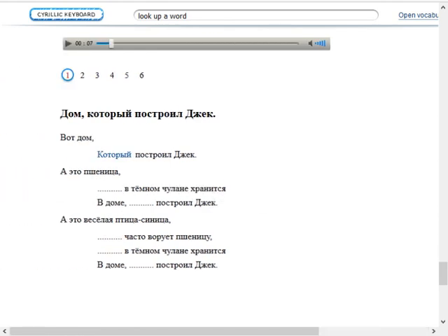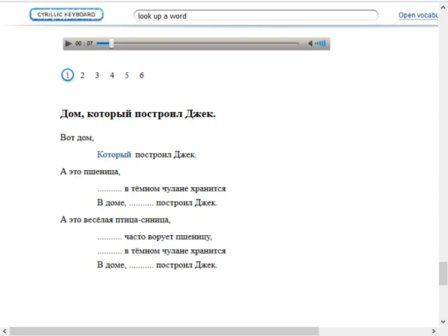Let me quickly check a translation of this. So yeah, this is the house which Jack built, and this is the wheat. Okay, пшеница, I'm pretty sure we've not seen this word before.